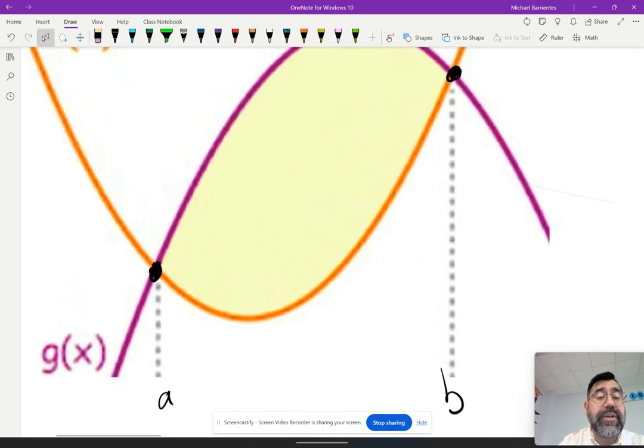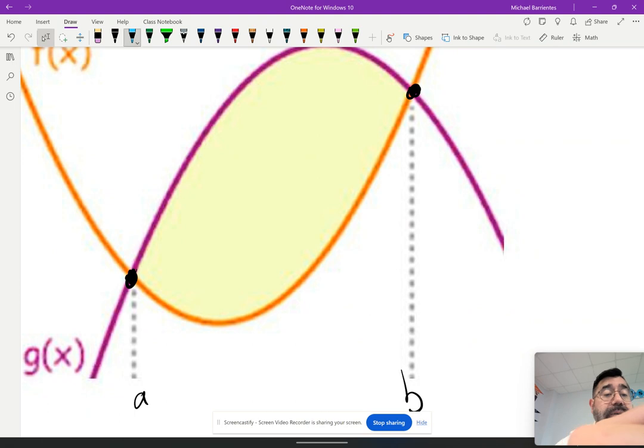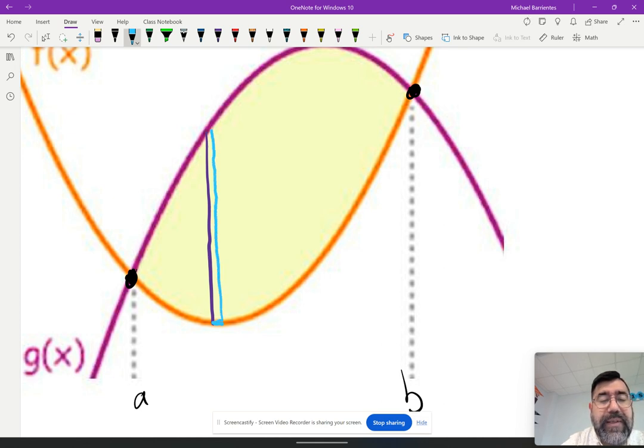So this is what we're going to do. We're going to build rectangles that are really thin strips like this, right? We're building these rectangles as best as we can here.